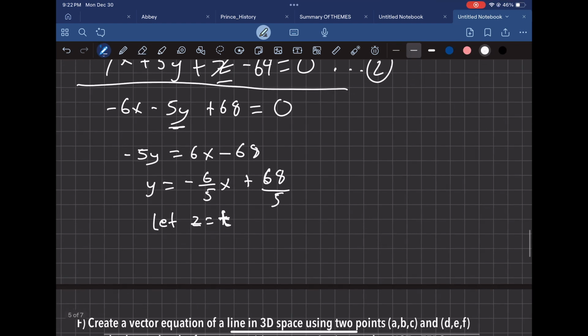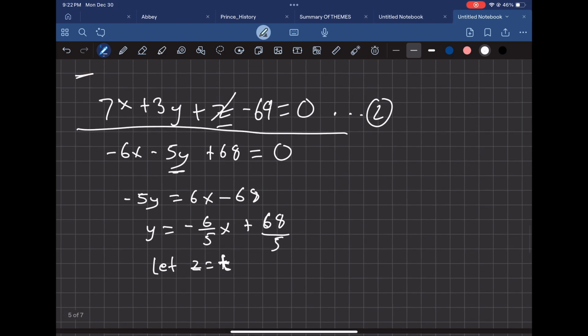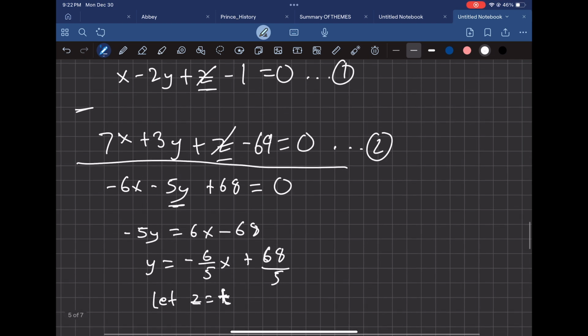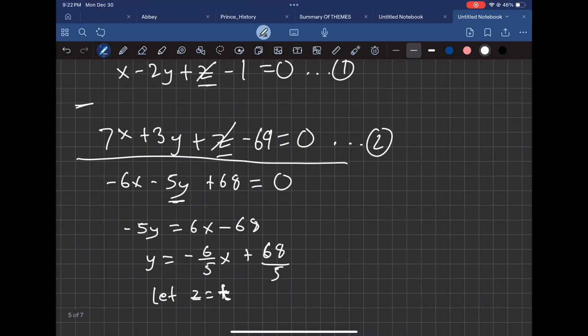Now that we've got the value of y, we have to plug this back in to solve for the value of x. So let's plug this back into the first equation.